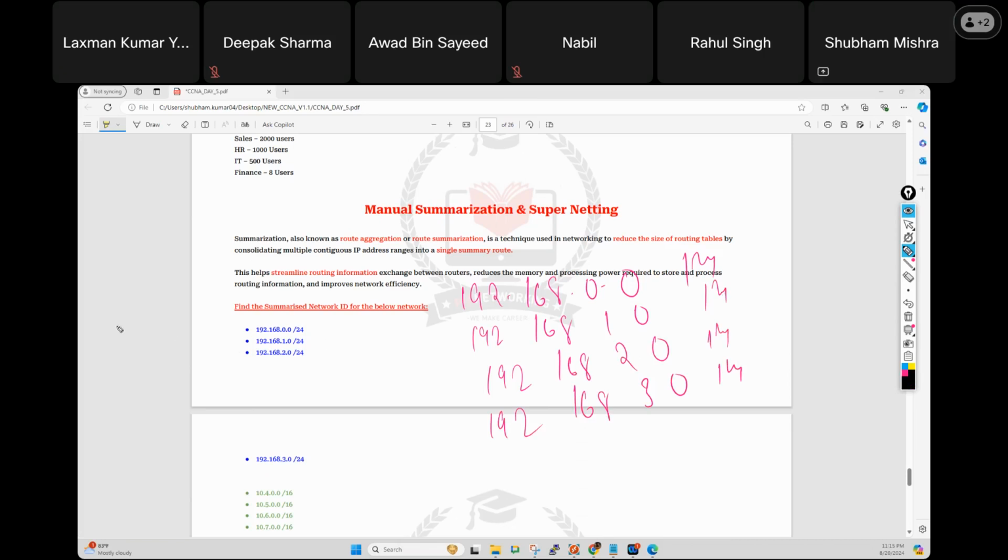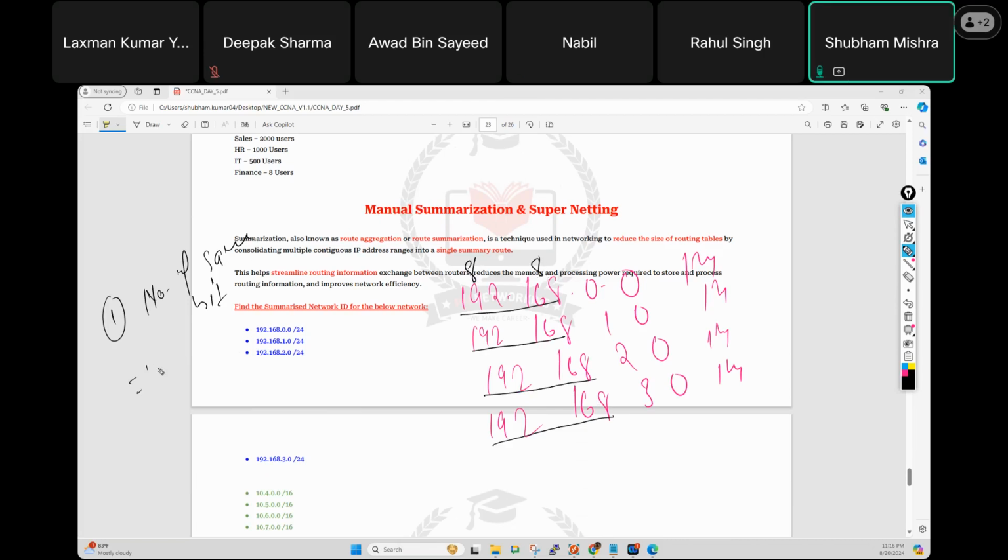Now in step number 1, what you have to do? You have to calculate the number of same bits in each network. In this network, 192.168 is the same in each network. This is 8 bits and this is 8 bits.